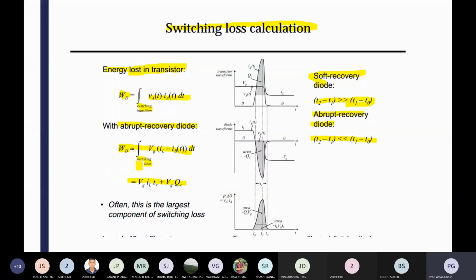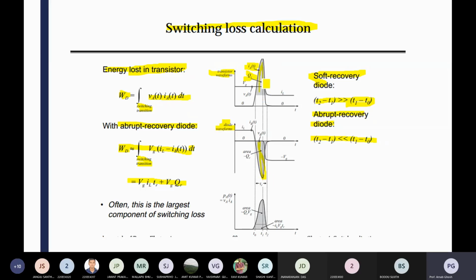Okay, so how much charge is stored over here? Here you can see that IA is rising up. IA is the QR, that is the amount of charge stored for the transistor waveform. For the diode waveform it will definitely be there, but on the reverse side, in the negative side.